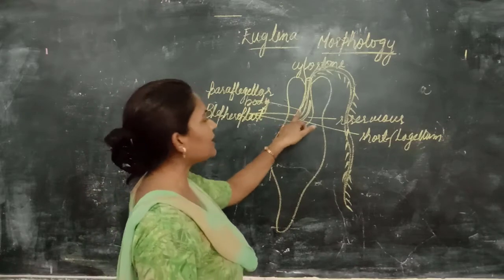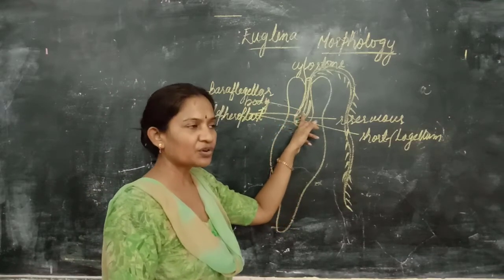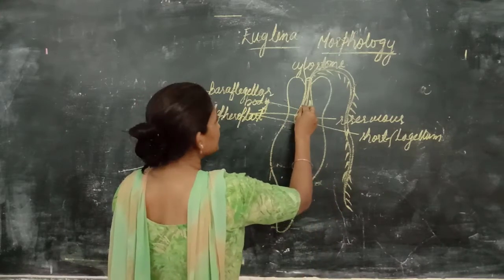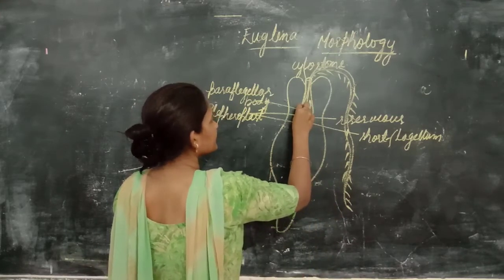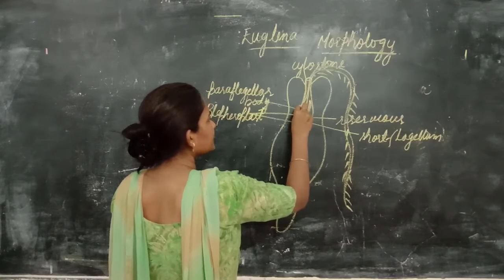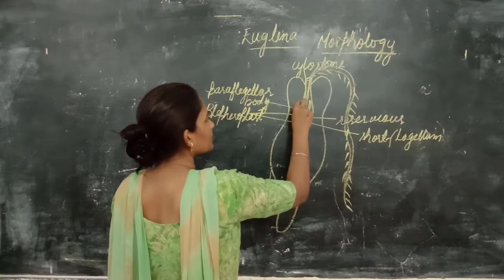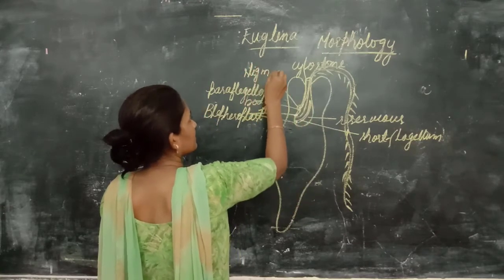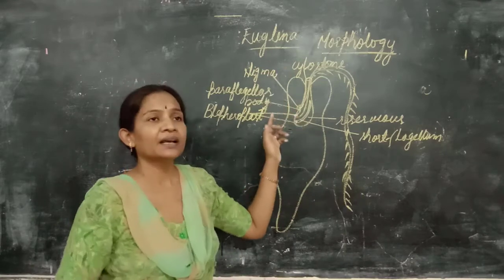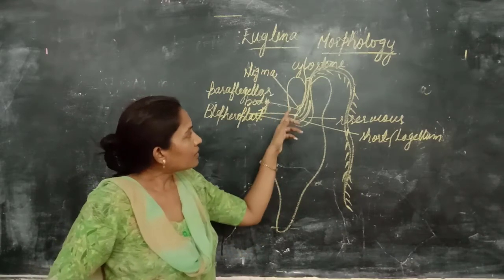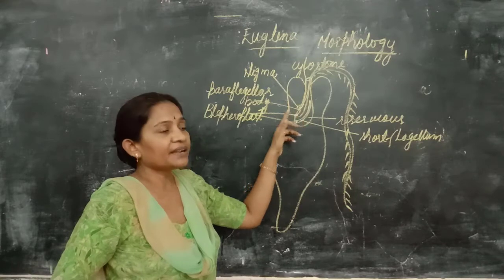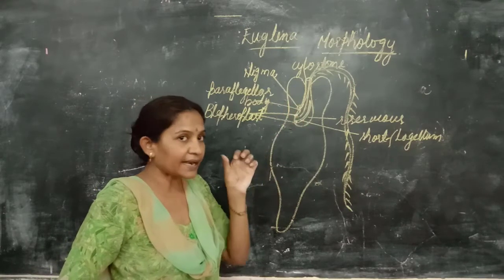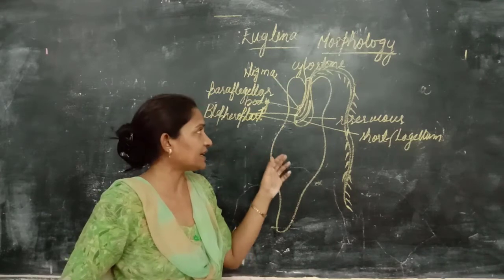Now this paraflagellar body has a photoreceptor apparatus, and just beside this is an eye spot, which is called stigma. Stigma actually contains an oil pigment which is red in color because it contains beta carotenoid.